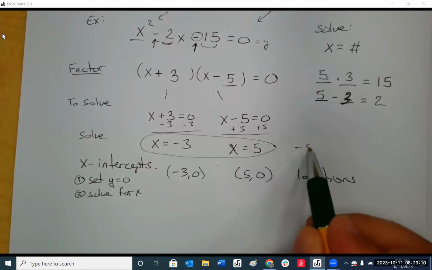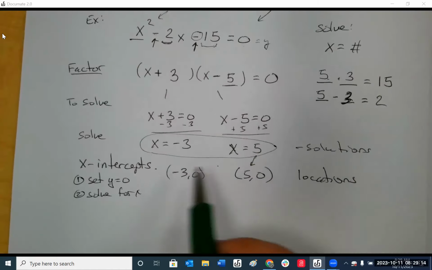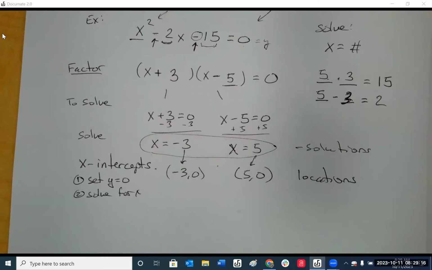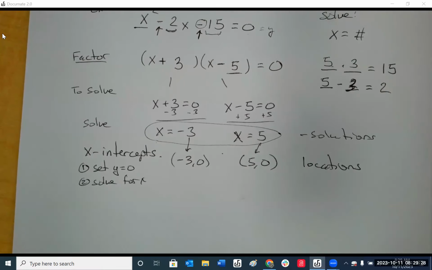And these are the solutions, which are the x values. So we need to have those to also graph the equation. We need to have the x-intercepts.